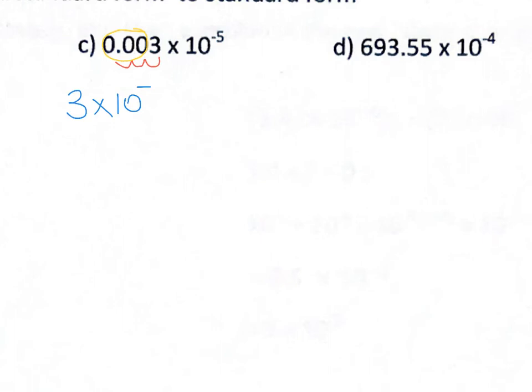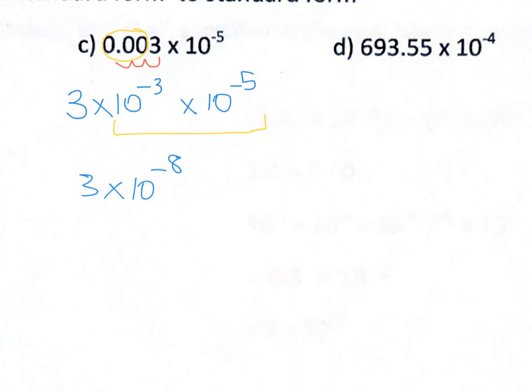So it's times 10 to the power of minus 3, multiplied by 10 to the power of minus 5. Using our rules of indices, when we're multiplying we add the powers, so we're going to have 3 times 10 to the power of minus 8, because remember, when we add a negative, it's taking away.